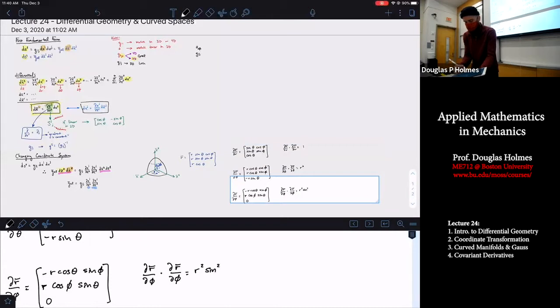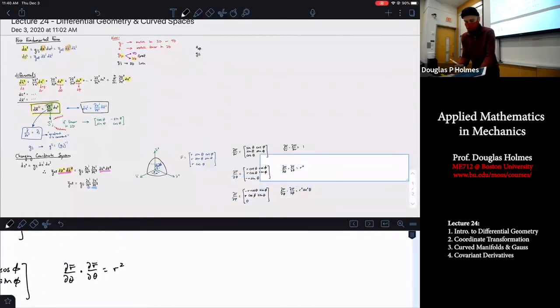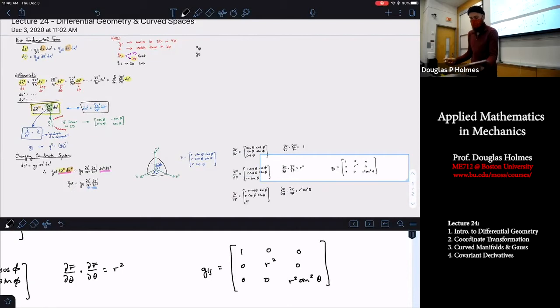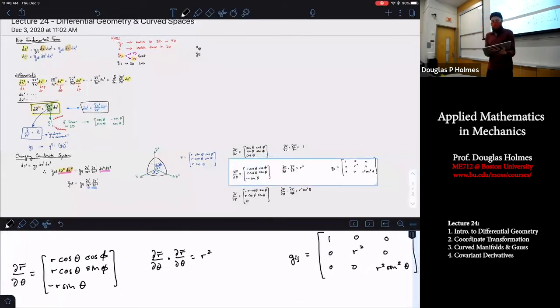But you'll end up with just these 3 terms as the only non-zero things after you apply some trigonometric identities. And it says that the metric tensor in spherical coordinates is given by 1, r squared, r squared sine squared theta. And there we just transformed from Cartesian coordinates to spherical coordinates.